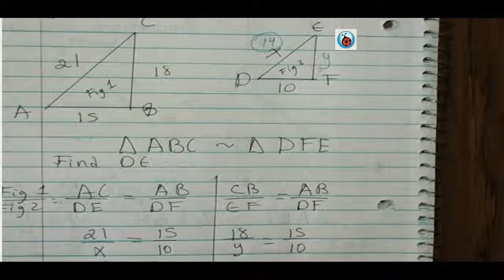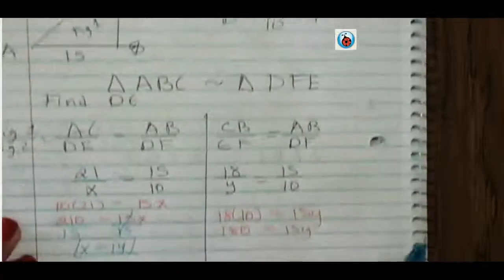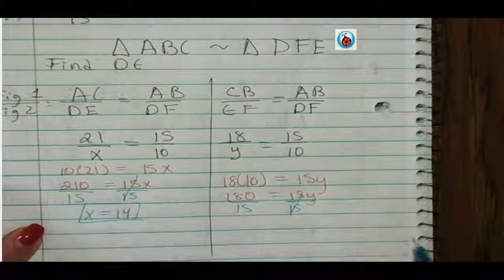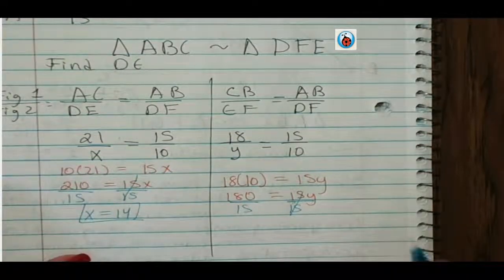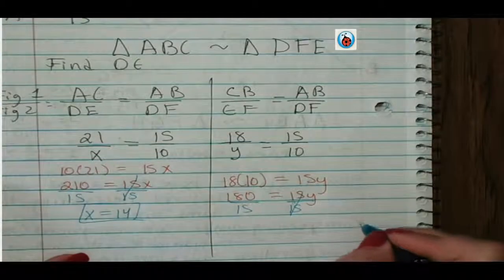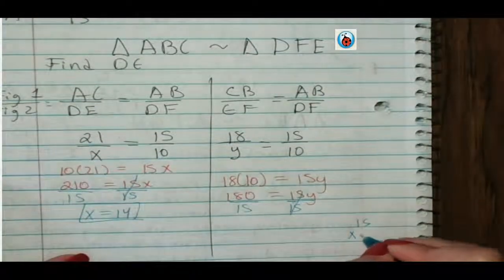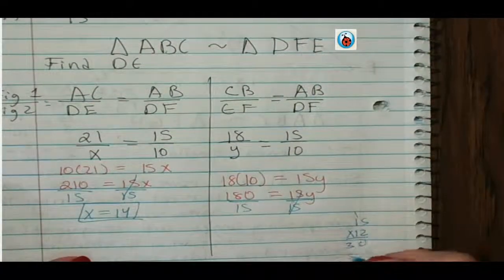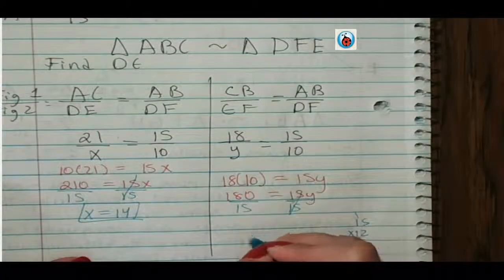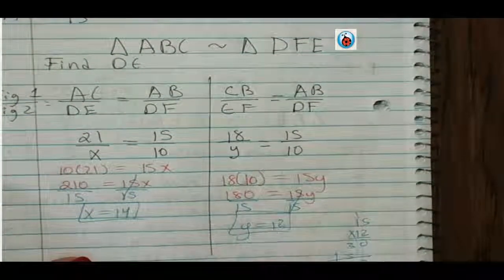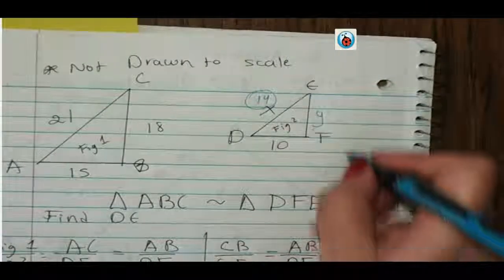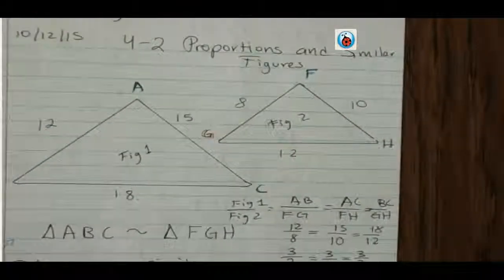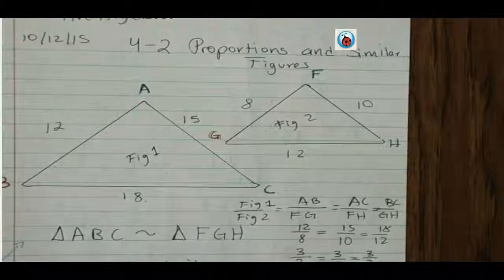So 180 is equal to 15Y. We can divide both sides by 15. What do we get? 15 times 12 is 180. So Y is equal to 12. That means this side is equal to 12. Now, the reason we can do this is because we know the facts about similar figures. Yes or no?